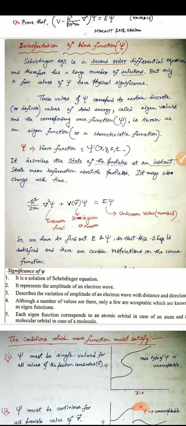So the defined wave functions obtained from the Schrödinger equation produce different atomic orbitals or molecular orbitals.